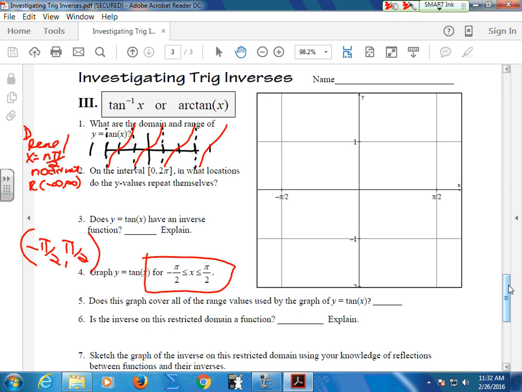But again, it's asking the same thing. So if we graph this from negative 90, here's your y-axis, here's your x-axis. These are where your asymptotes are. Here's where your tangent goes. So isn't it positive in quadrant 1 and negative in quadrant 4?